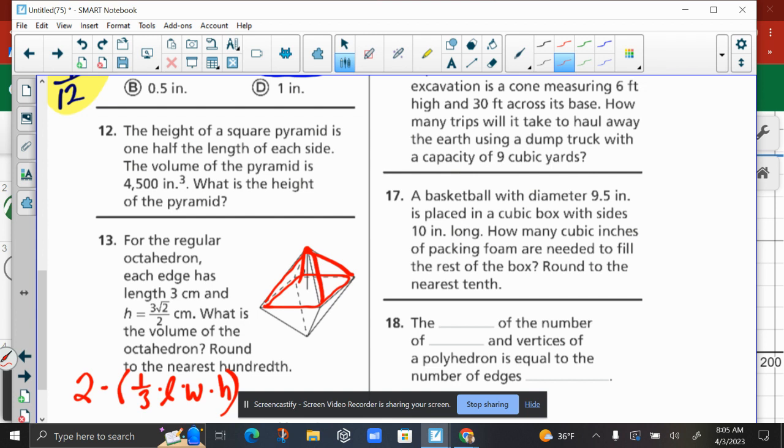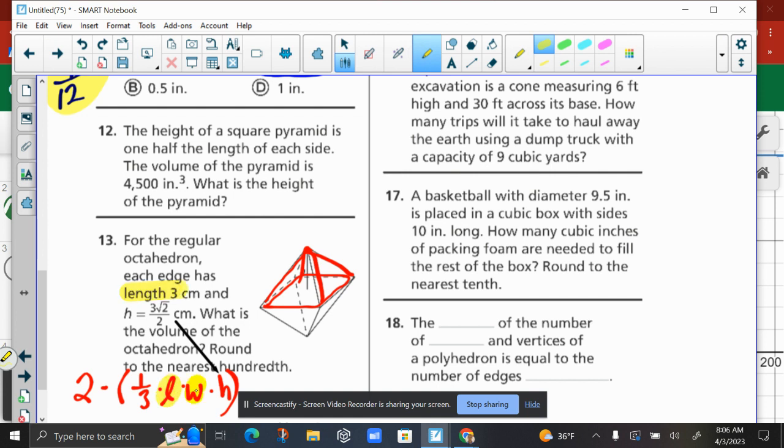Now let's put in what these are. So it says, what is the height? Well, the height is given right here. So we know this is H. And then our length and width are the same. They're both 3. So right here it says the length and width is 3.